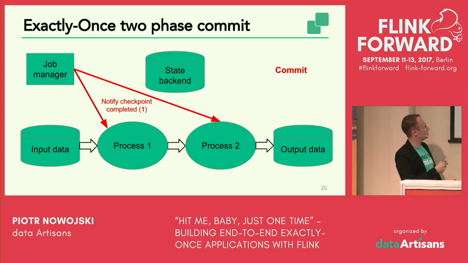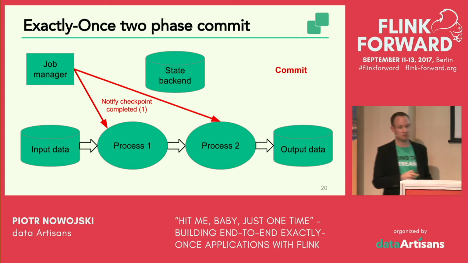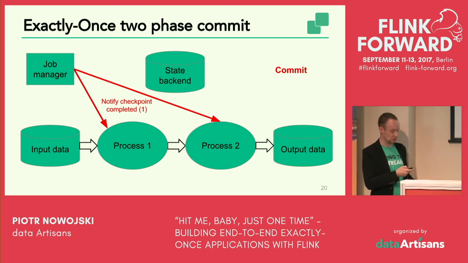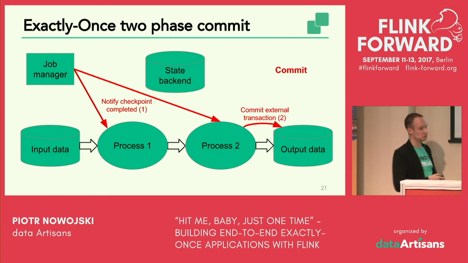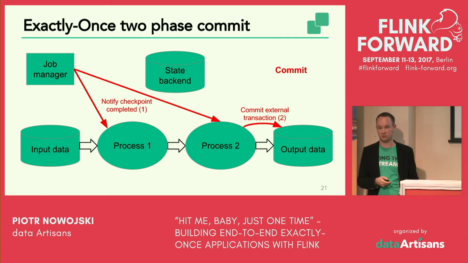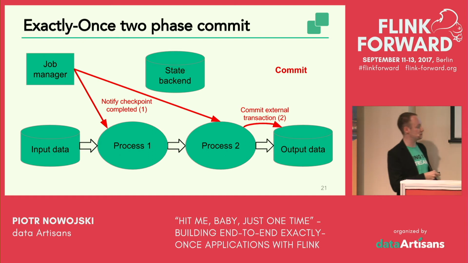It will issue notify checkpoint completed callbacks for every operator in our application. Again, our first process didn't have any external state, so in the commit phase it doesn't have to do anything. But for process number 2, which did have external transactions, this is the time where we actually commit this external transaction.